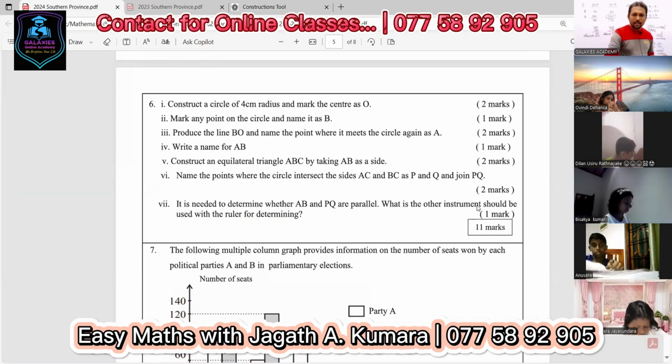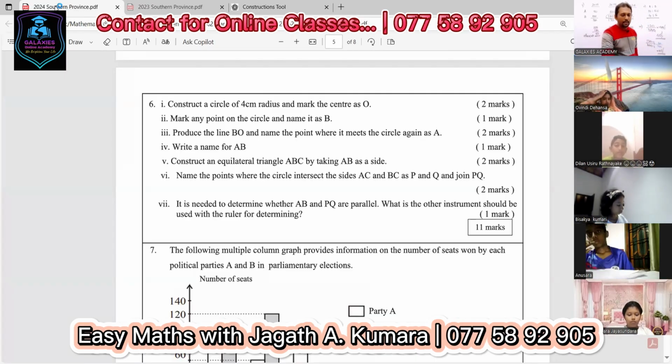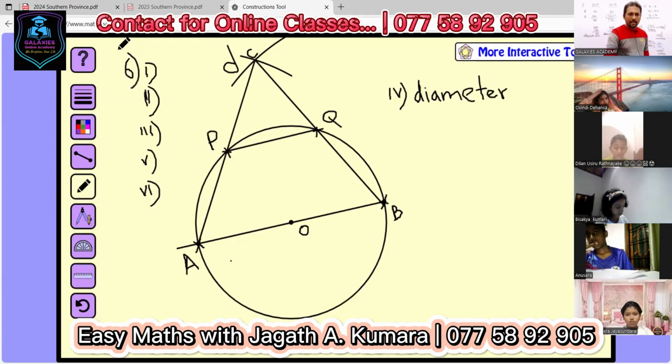What is the other instrument that should be used with the ruler for determining? Do you remember how you can check the two lines are parallel? Yes, sir. Yes, we have to use what? Set square.